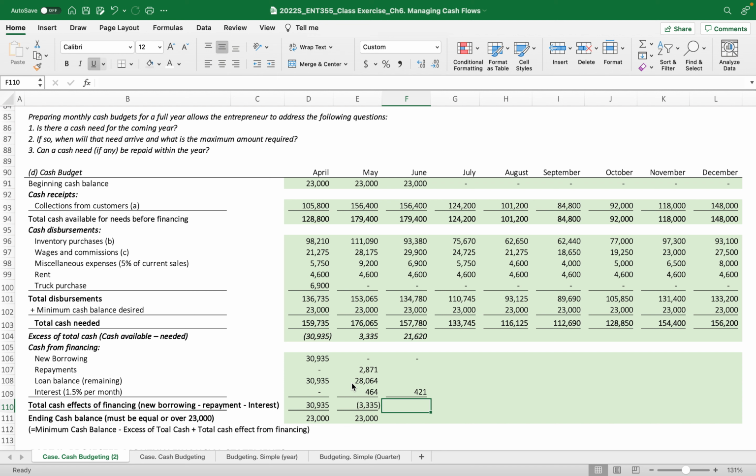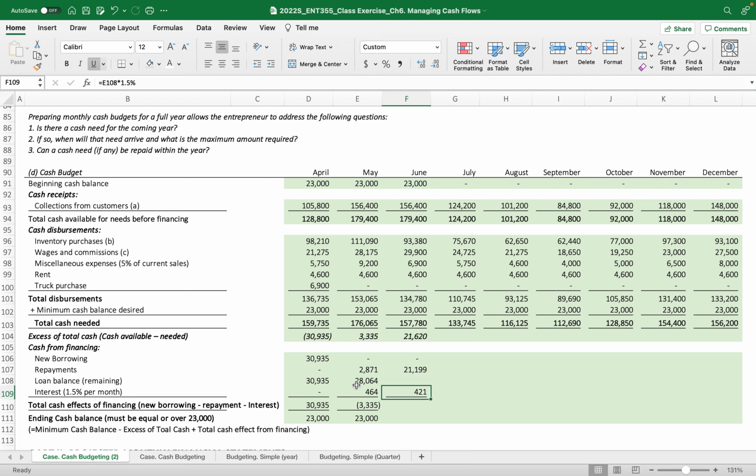We need to pay 421, and then the repayment should be 21,621, not the full amount, but we need to subtract this so that the 21,620 covers this repayment as well as the interest, right?